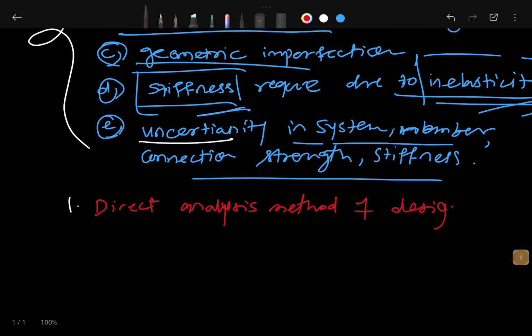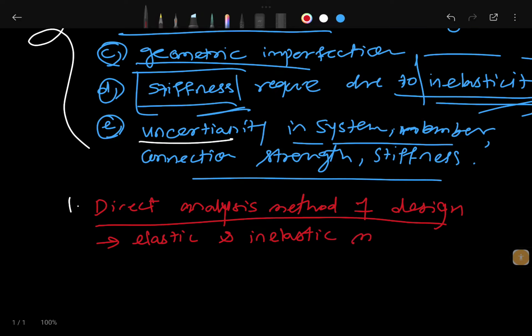The direct analysis method of design is permitted for all structures and can be based on either elastic or inelastic analysis. There are two permissible methods, elastic and inelastic, available in the direct analysis method. Then for design by elastic analysis, required strength shall be calculated in accordance with the section.